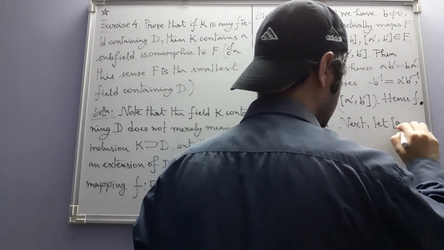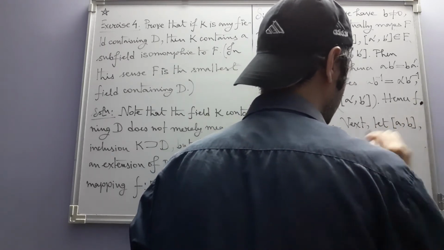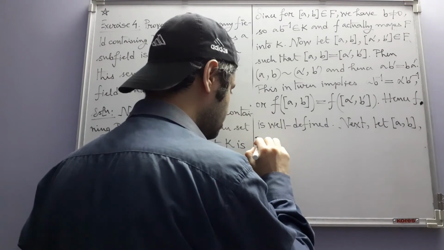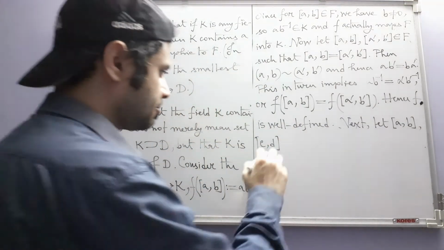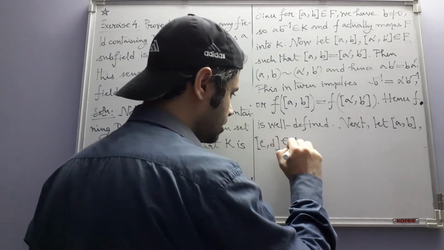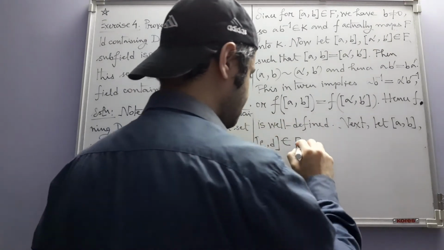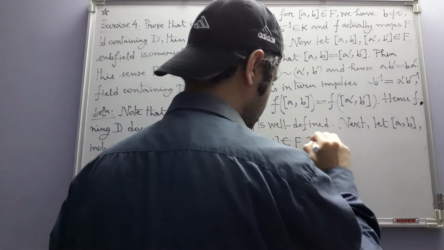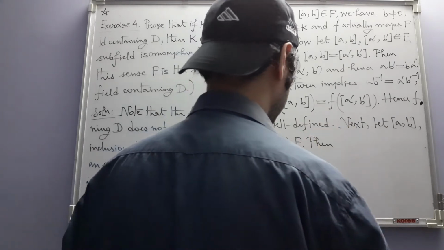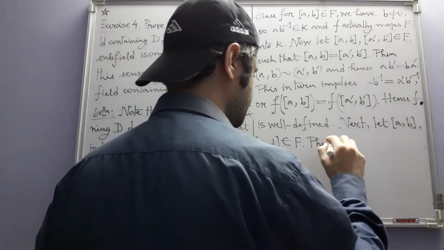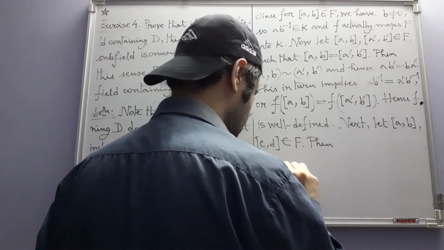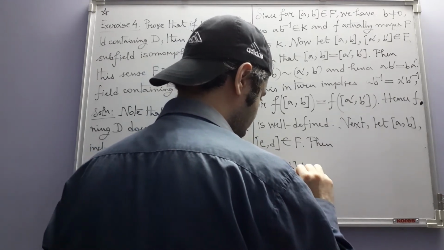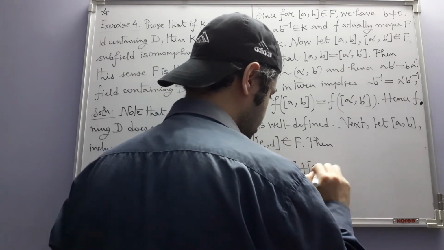So for verifying that f is a homomorphism, we need two elements in its domain, capital F. Then what about f of (a, b) plus (c, d)?